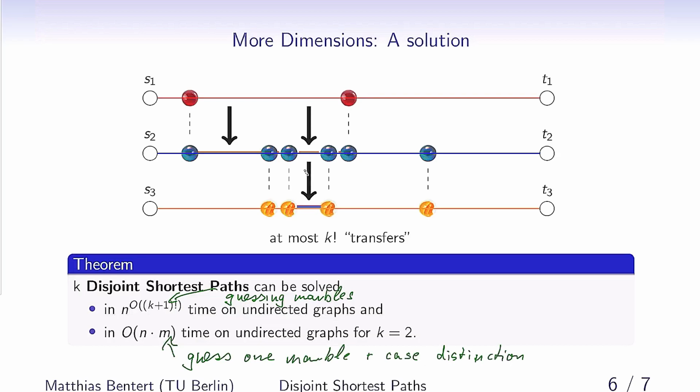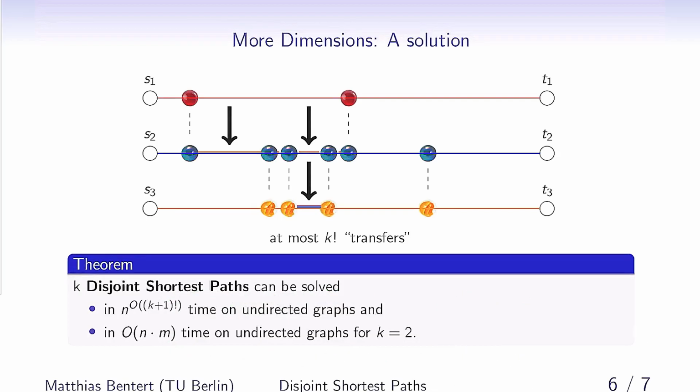And then for solving these DAGs, we again need something like n to the (k+1) factorial time, because that's the number of paths we put in each of the sub-problems. So solving on DAGs takes roughly time n to the number of paths that you want to route.